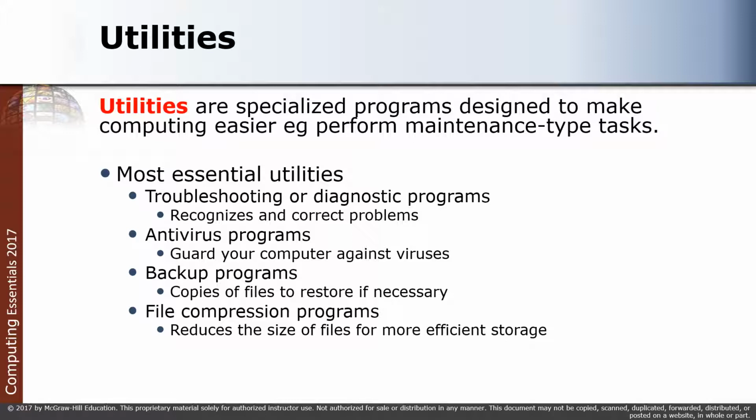For example, antivirus program is an example of a utility program. We don't use antivirus program to do our work. For example, you don't use antivirus program to do your assignments, but you need it to make sure that your devices are free of virus. Apart from that, backup programs and file compression programs are all utilities programs.